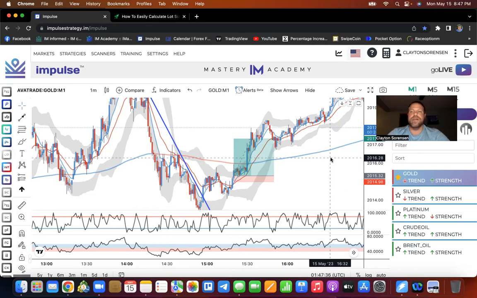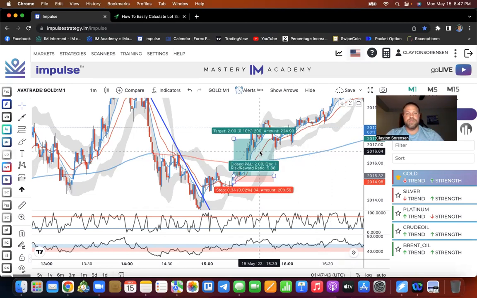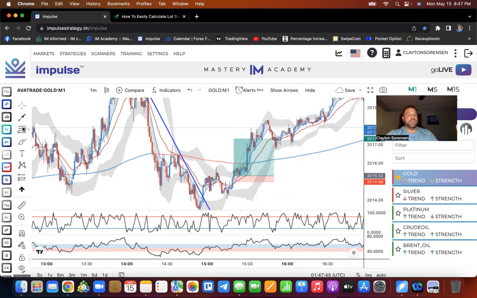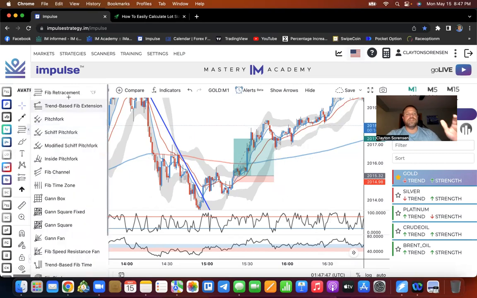Use your tools on your impulse. Use your tools on whatever scanner you're using, I should say. This is the long position, short position. Everything's on here. You should be using this on here, so you're not actually using your MT4. Keep that clean. Mine has candles on it. That's it.